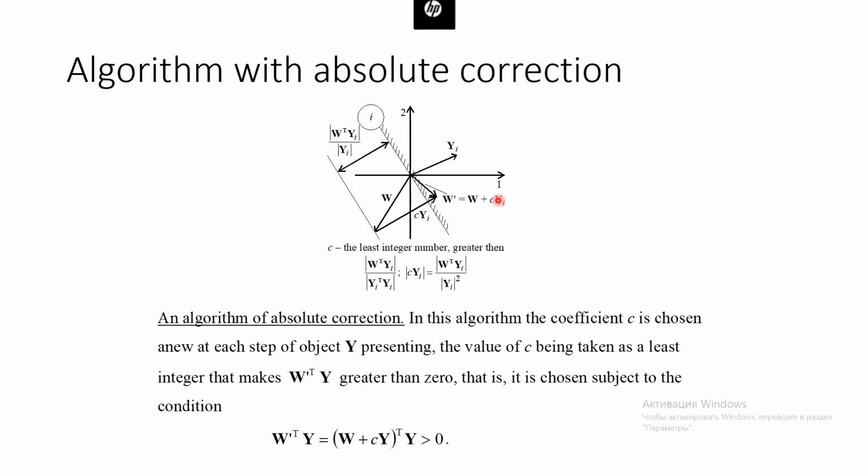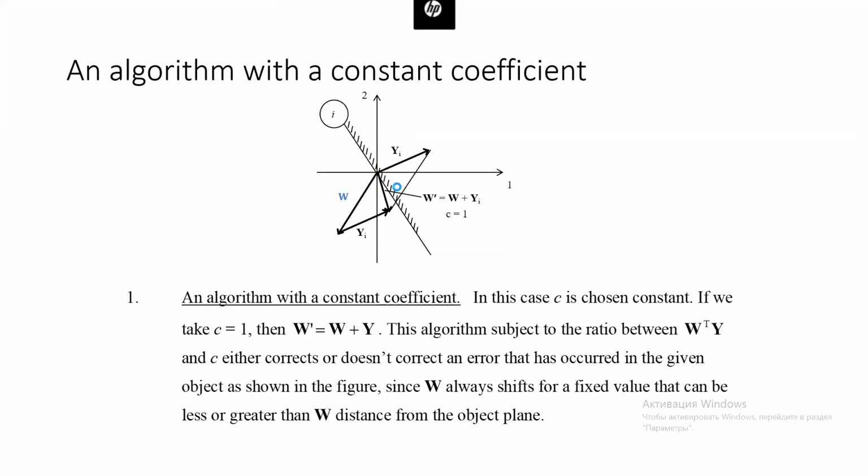You take C equal to 1, C equal to 2, C equal to 3, and calculate the results of projection. In the previous case we have the same situation. You see that in this case C equal to 1 is not enough for us, because we did not cross our line.